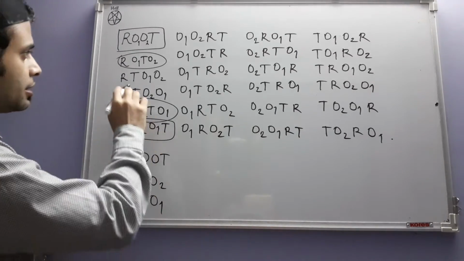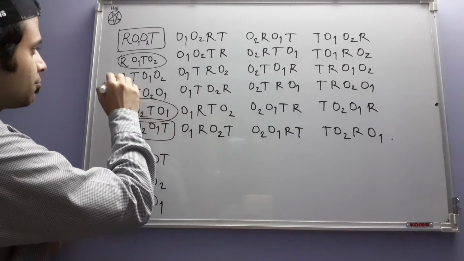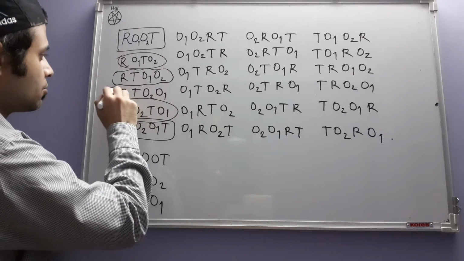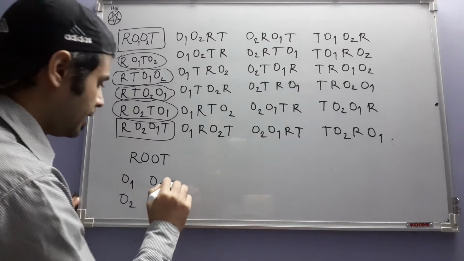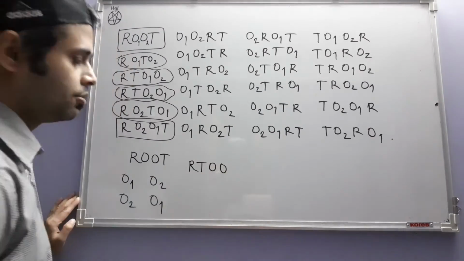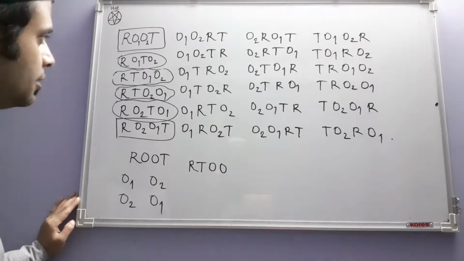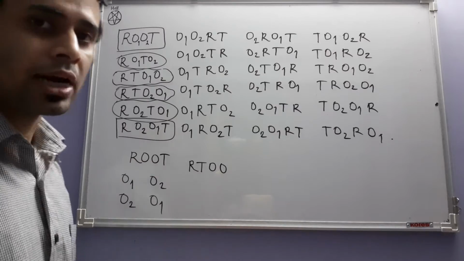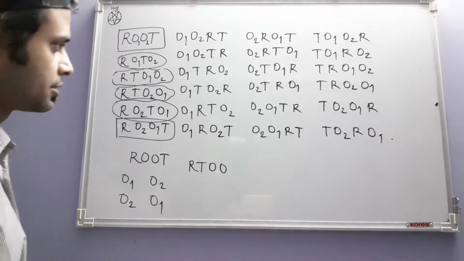You can check the others also. You see, for example, these two, R T O1 O2, R T O2 O1, they actually give rise to the same permutation RTOO. So whatever we are doing here, we are doing it twice. We should not do it twice.